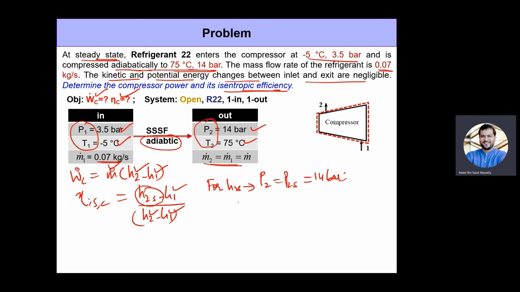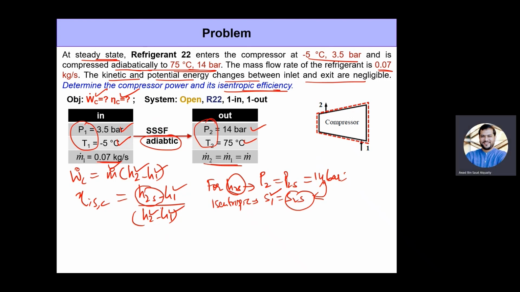It's an isentropic compression process, and therefore entropy at state 1 will equal the entropy at state 2S. Now we have enough information at state 1 to get the entropy at state 1. So from here we find S2S, and using this pressure and entropy, just like we did in the previous example, we get H2S. Once you get H2S, then it's simply a matter of plugging into this and getting the isentropic efficiency.